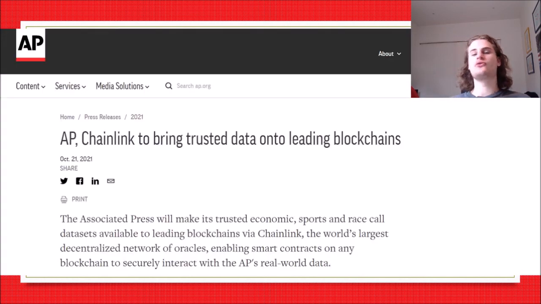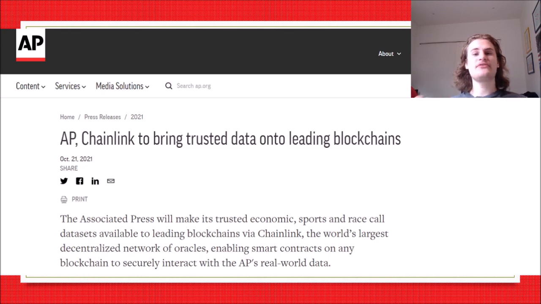However, if we take a look at some of the big companies that are using Chainlink, there is a lot of them. Now, the first company that I've already alluded to is the Associated Press. Essentially, the Associated Press is running their own Chainlink Oracle node. The Associated Press is a very, very important company because what it's essentially doing is verifying all of the news, verifying that it's all correct, and releasing it to the public.